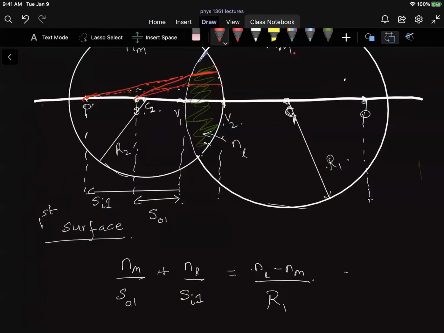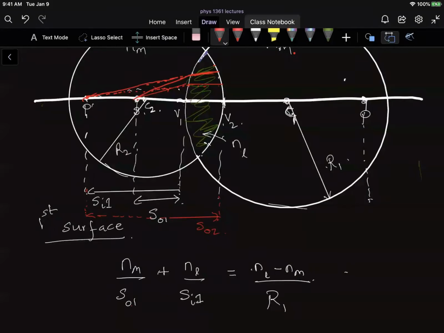Okay, and now we have to ask ourselves, what is the equation that we need to write for the second surface? Well, for the second surface, we want to write down the object distance, and the object distance is going to be measured from the vertex V2. To measure that distance, I'll extend these lines down here. This is the distance, right? And that distance is SO2.